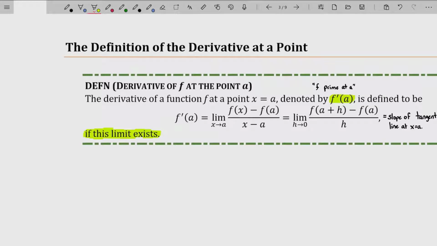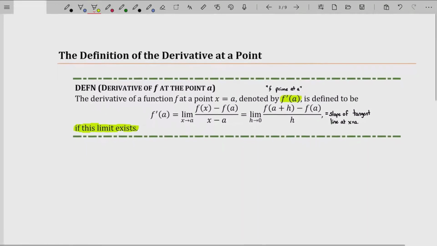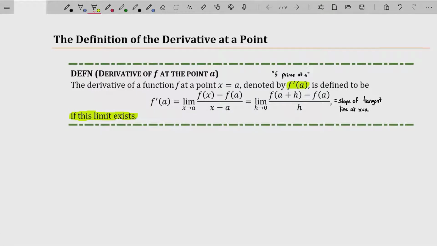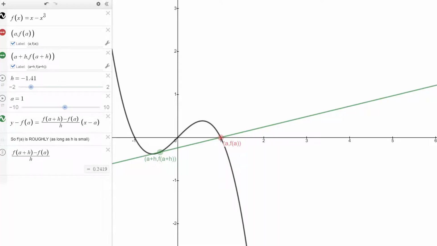So you do have to be very aware of that. I've been trying to keep the videos much shorter, so I think I'll exit out of this video, and the next video will be examples using the definition of the derivative at a point. I guess I can burn a few more moments here just to make this video worthwhile.